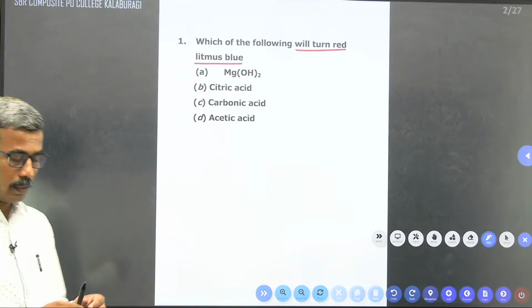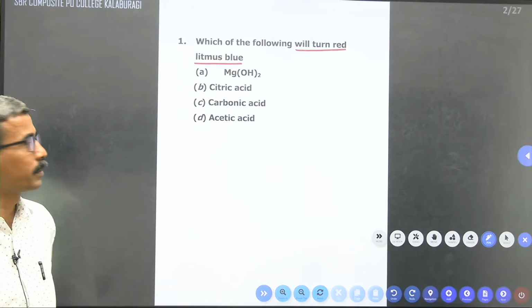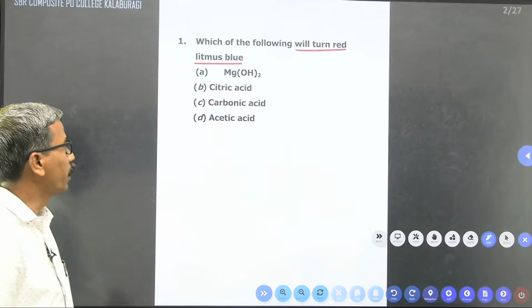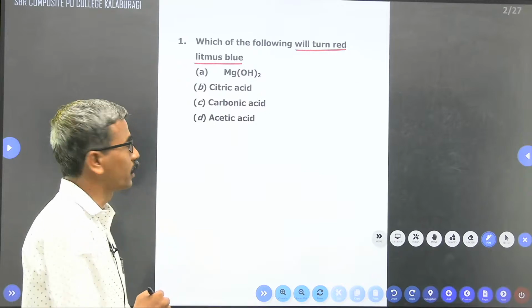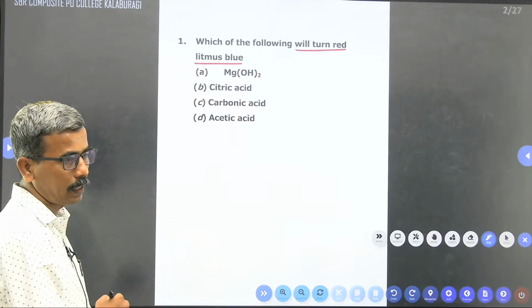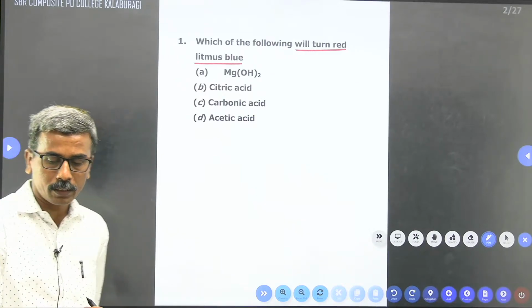Now, during the discussion of the topic acids, bases and salts, we discussed some of the common properties of acids and bases. At that time I gave that information.